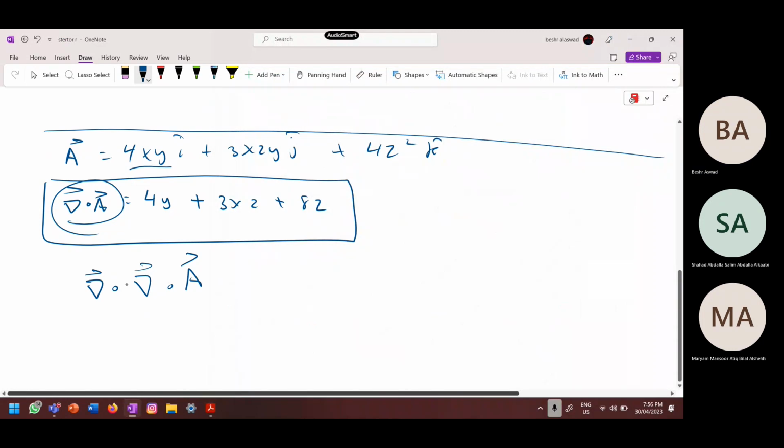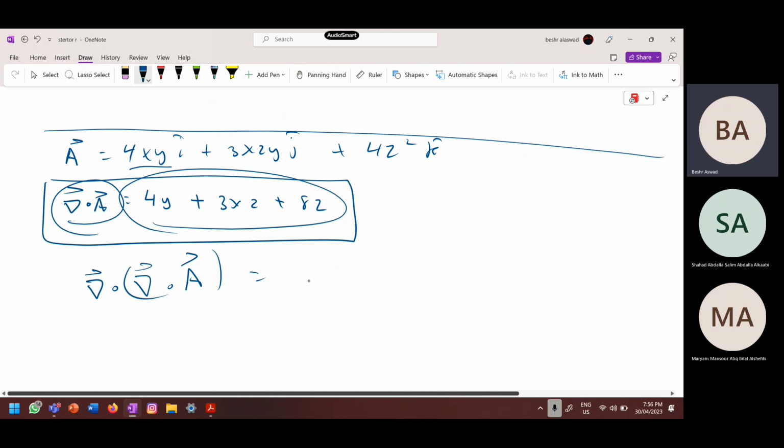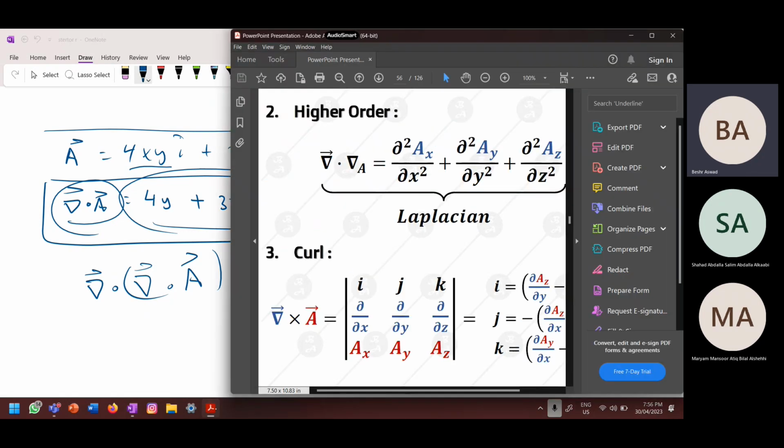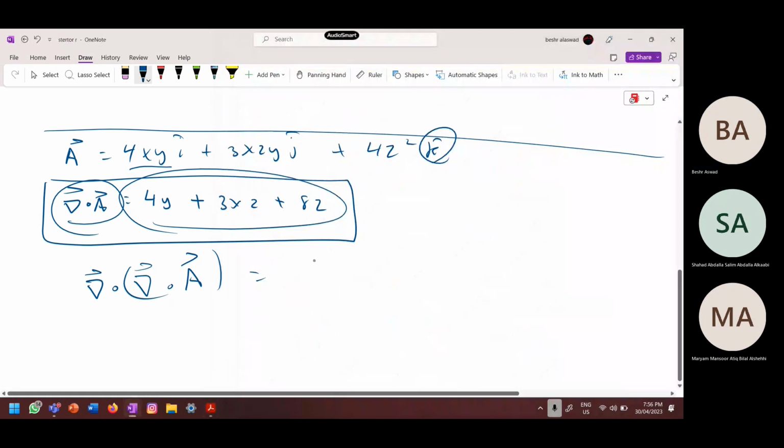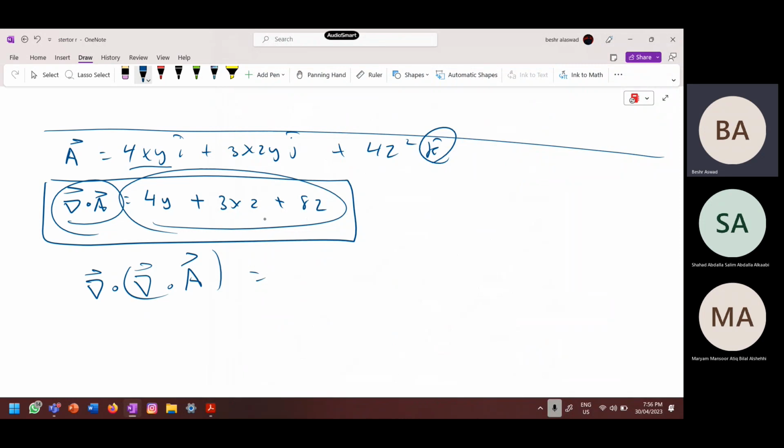You'll start with this first, then apply the Laplacian again. But this time the Laplacian will have the components. Okay, I think there's a mistake in my summary. I believe yes, you must get the components. So we'll just jump into it here.